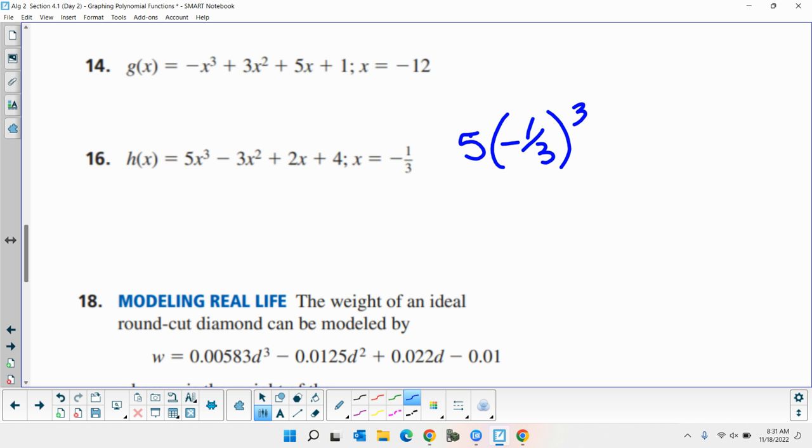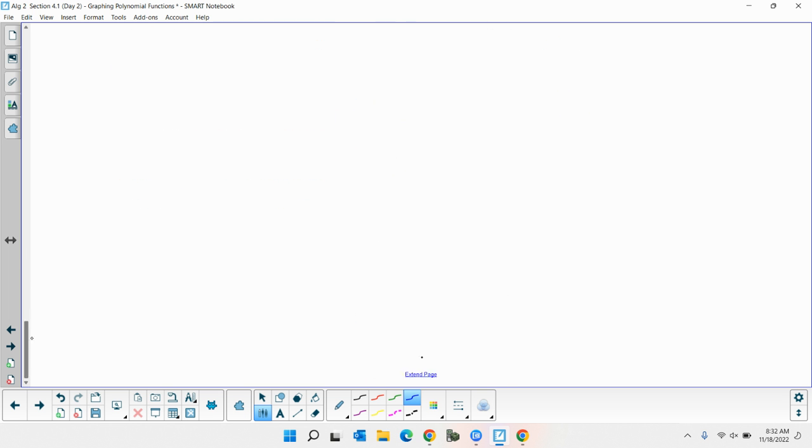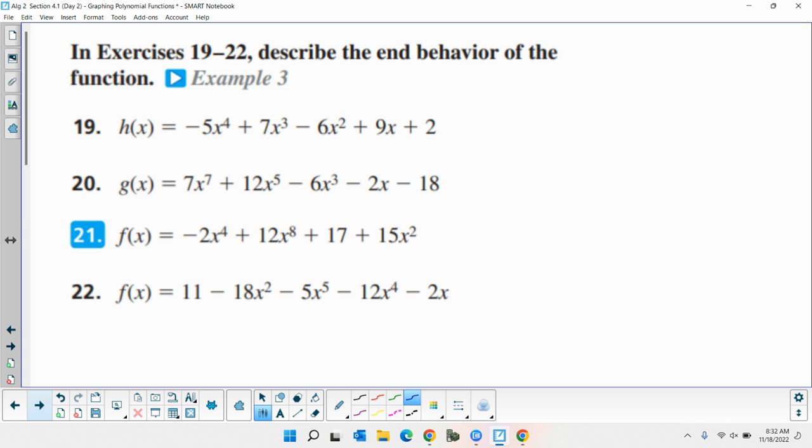Then what? 19, 20, 21, 22. Okay. 19. As they have it, this is how I just told you to do arrows, right? So let's just redo arrows, so it's in the right order. It's a negative leading coefficient, which means the far right's going down.